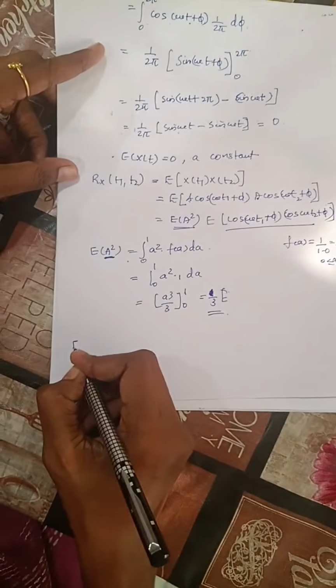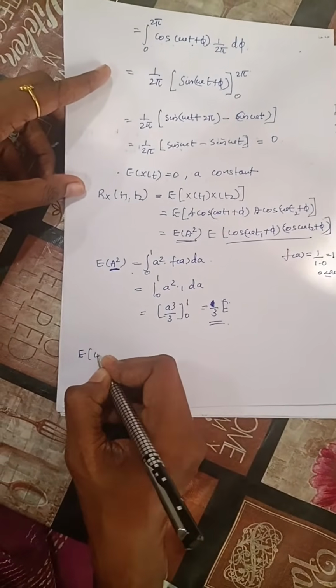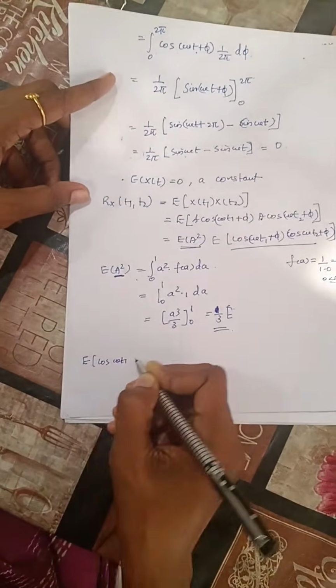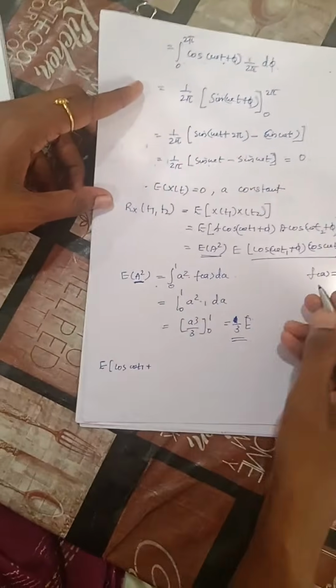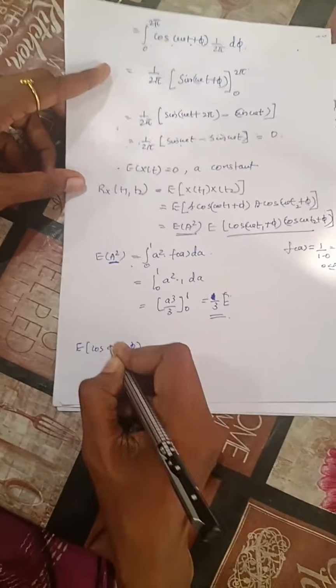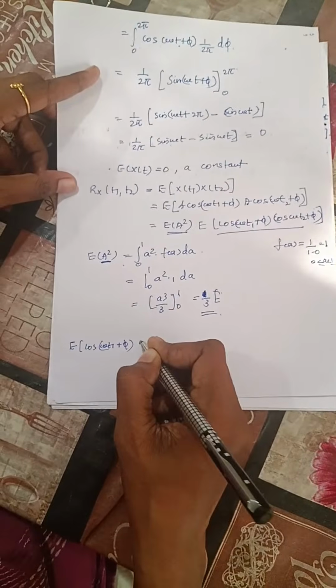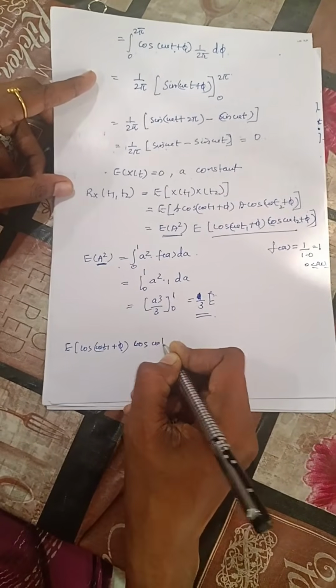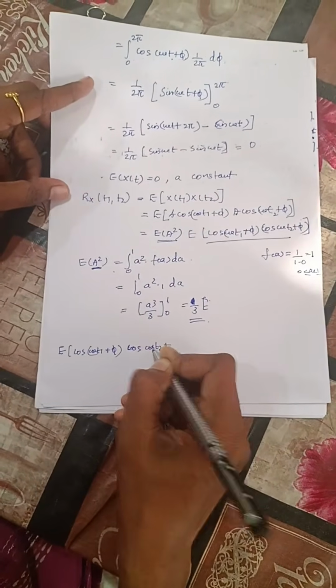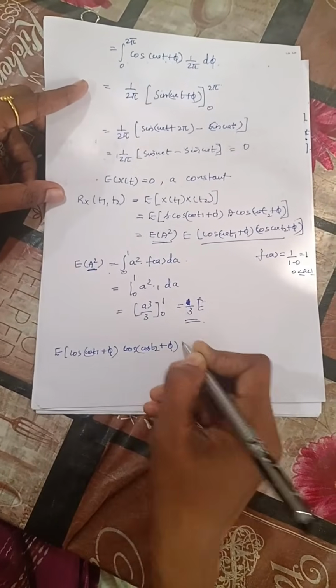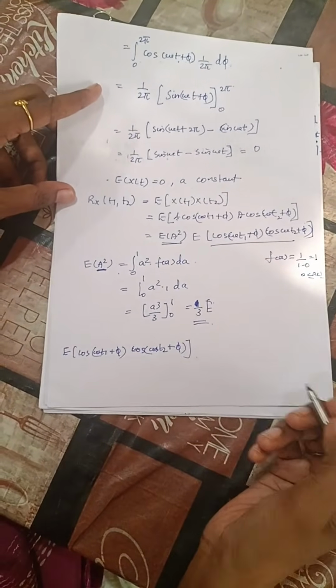So the expectation of cos omega t1 plus phi into cos omega t2 plus phi. What is cos A cos B?